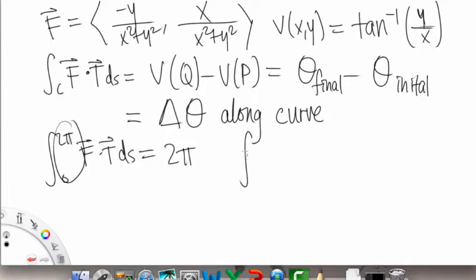Generally speaking, on a closed curve, or maybe not even a closed curve, hold on, let me go back. When you're calculating the line integral of the vortex vector field over any kind of curve, that's just going to equal 2 pi times n.